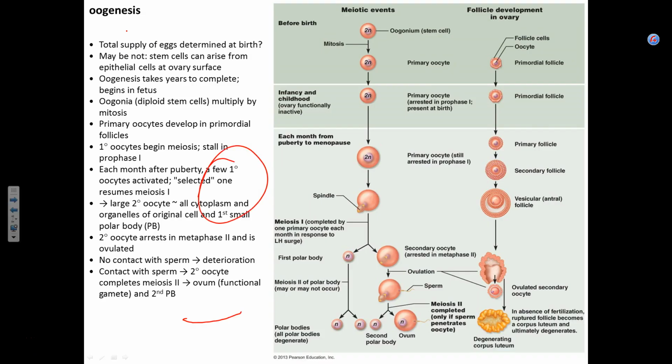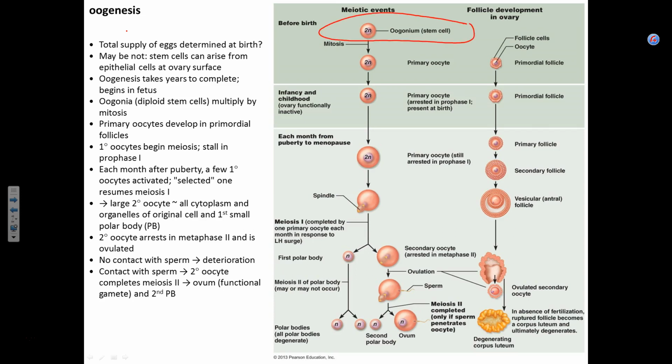So we came to the conversation about the development of oocytes, female gametes. It's very similar conceptually to the one in males, and it starts with a cell called oogonium.